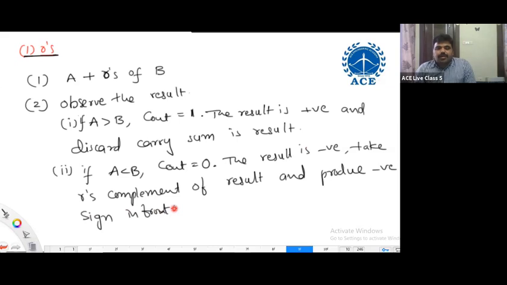What we're doing here? When A is greater than B, discarding carry, sum is the result. That is whatever the result we are getting, that is the difference. Whatever sum we are getting, that is the result.